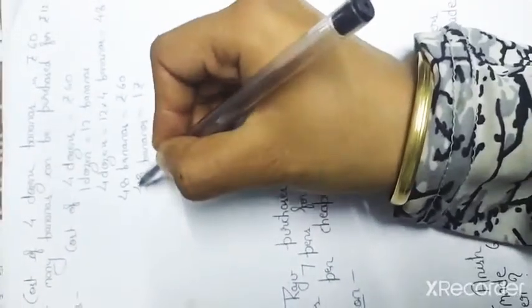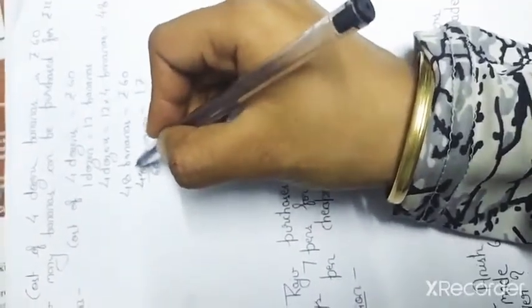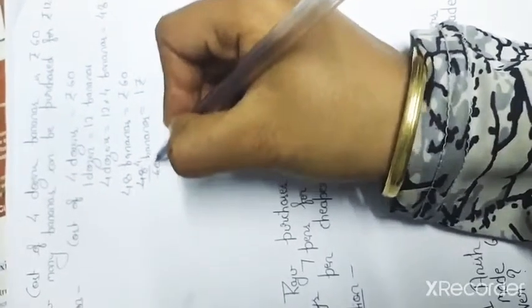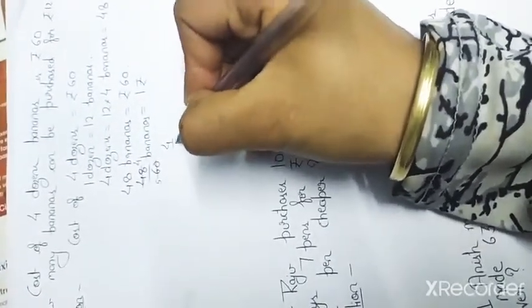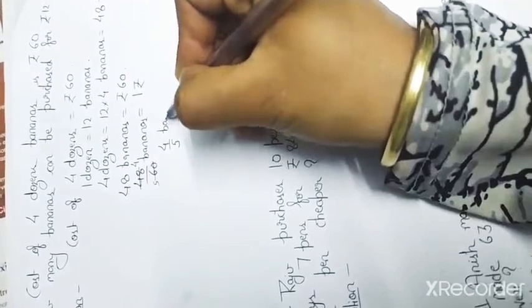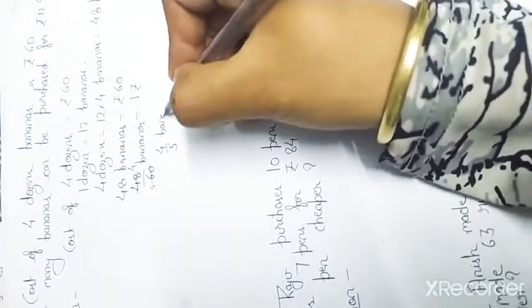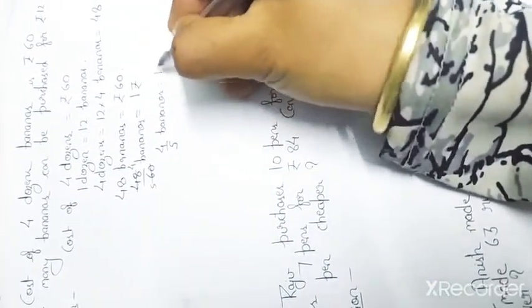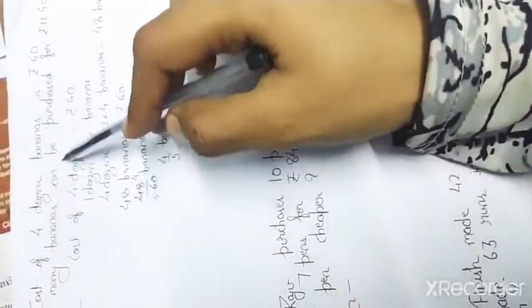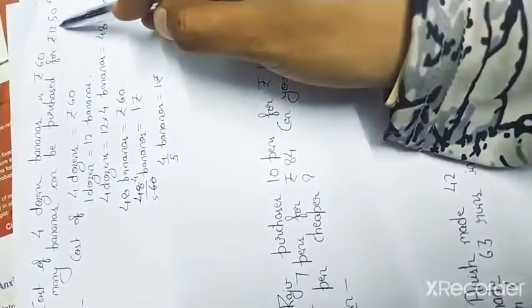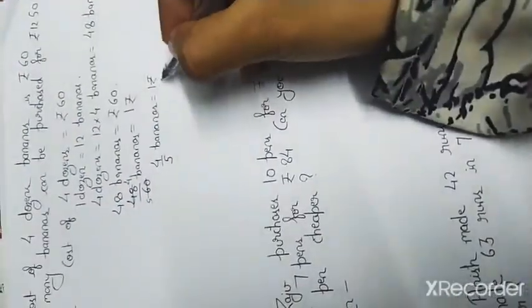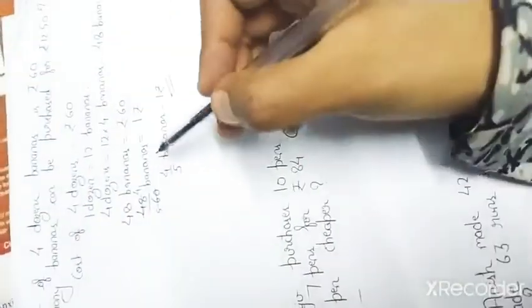We can cancel it out by 4. 12. 12 fours are 48. 12 fives are 60, means 4 by 5 bananas we can purchase for 1 rupee. Okay. Now, they are asking how many bananas can be purchased for rupees 12.50. Now, we have found it out for 1 rupee. So, we can find for 12.50 rupees by multiplying by 4 by 5.